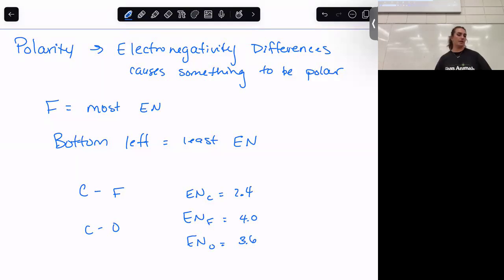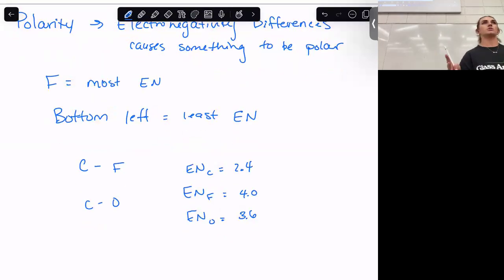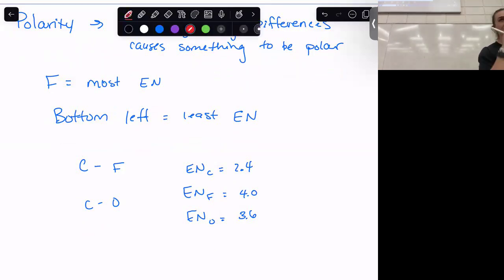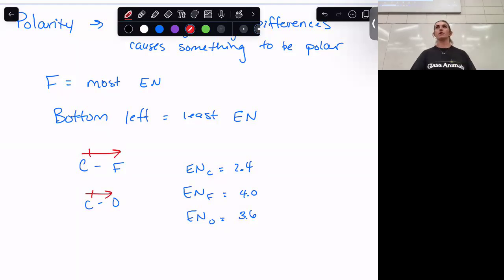When we say, okay, we know that there's a difference in electronegativity, this bond is going to be polar, what does that create? What do we draw to indicate a polar bond? We draw a dipole. And when we have a dipole, we're going to point towards where the electrons are going to spend more time. If the element wants the electron more than the other one, then more of that electron density is going to be around that fluorine or that oxygen.